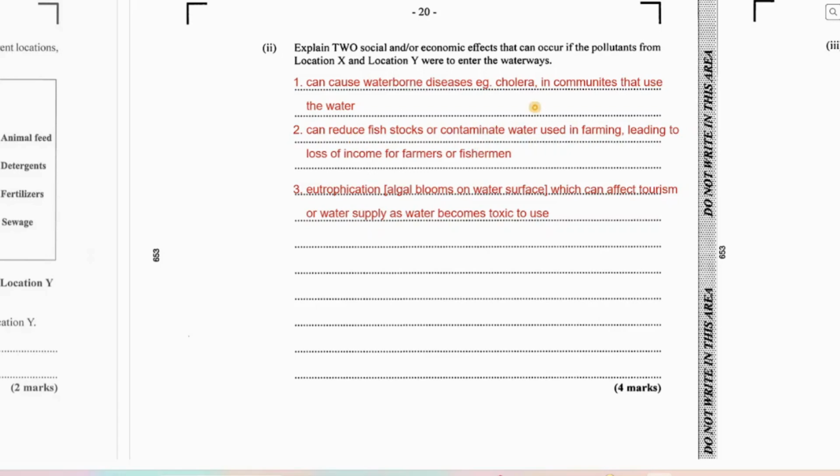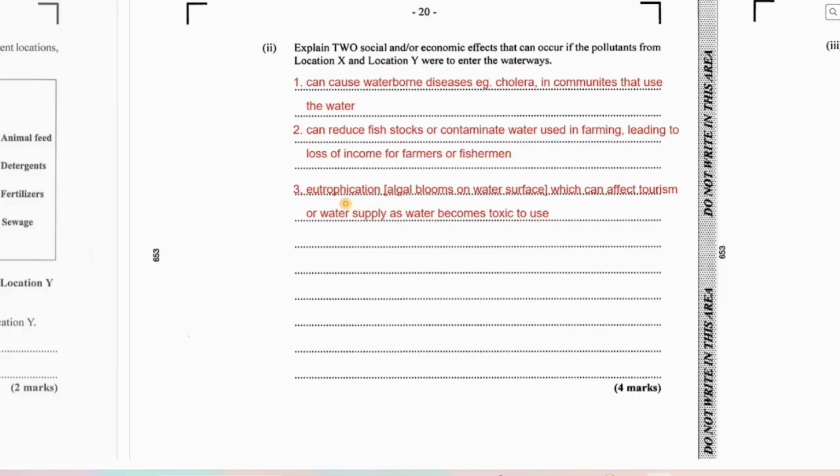And in terms of the water used for farming, so whether it's to feed their livestock or to water their crops, if that water is contaminated, then you are transferring it to the animals or to the crops, which can cause diseases, thus leading to a loss of income for the farmers, maybe because the crops can die or because of the amount of money that they are now going to have to spend to buy chemicals to help treat those diseases. And the bonus one, or the extra one, eutrophication.